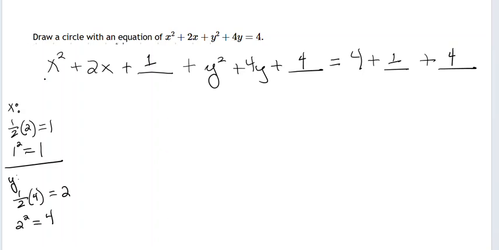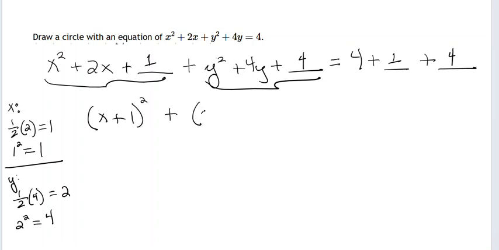So now I should be able to factor these. And again, we don't have to think a lot about that because it's always the variable, and then whatever I got when I took half the coefficient of the x. Same thing here, y plus 2 quantity squared, and this equals 4 plus 4 is 8 plus 1 is 9.